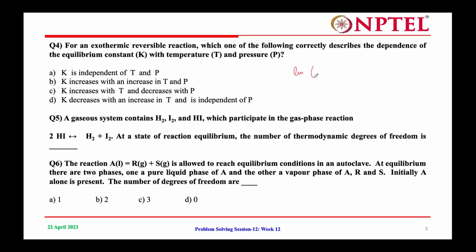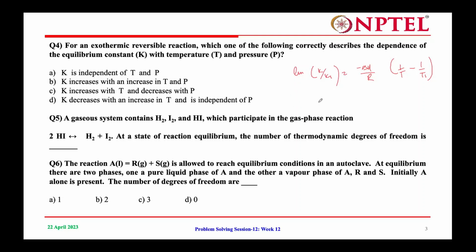We know the relation between K and K1: ln(K/K1) = -ΔH/R (1/T - 1/T1), right? So for an exothermic reaction, delta H is negative. Hence, with increasing temperature, K decreases for an exothermic reaction.